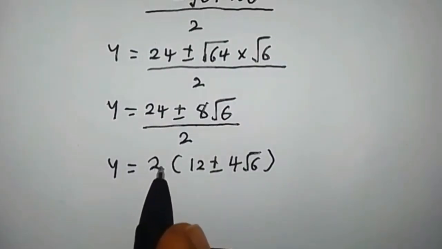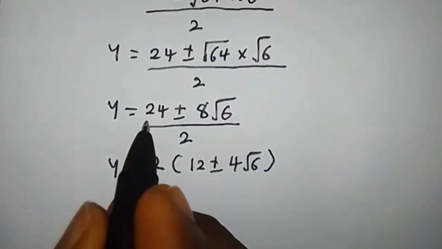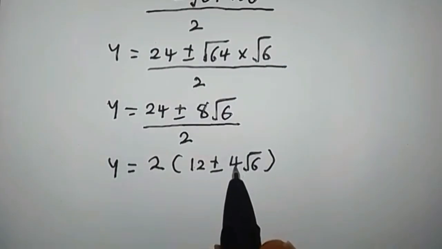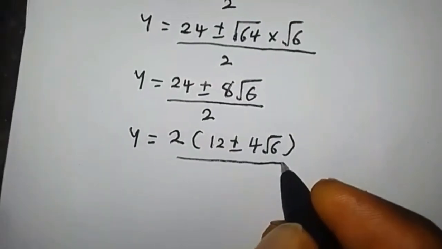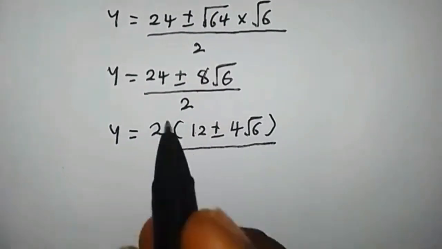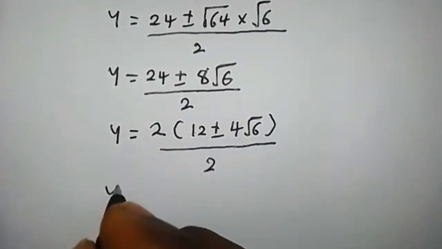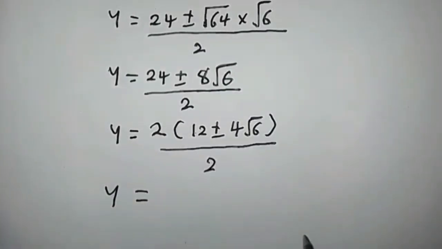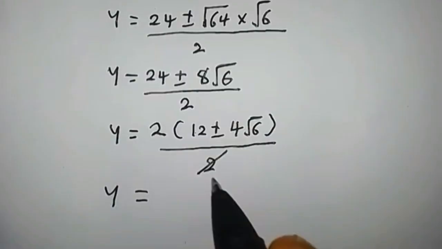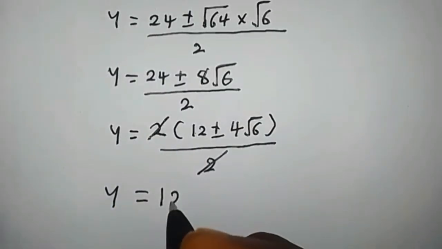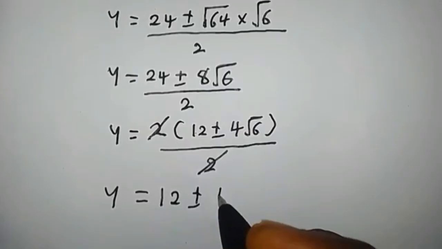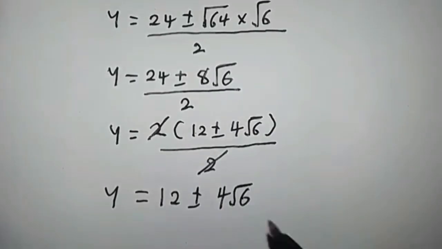That is 2 times 12, that is 24. 2 times 4, that is 8. Let's continue. Divided by 2. Y is now equal to, clearly, 2 cancels 2. We are left with 12 plus or minus 4 root 6.